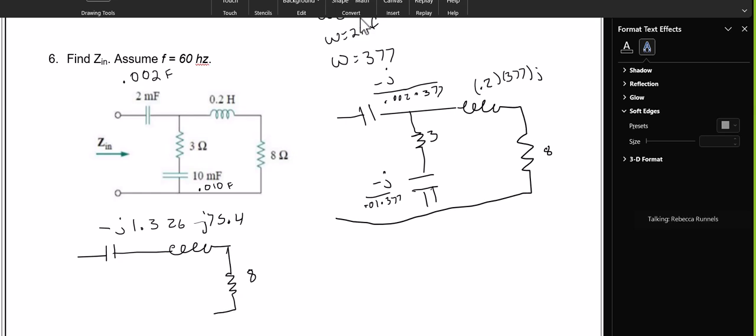This stays 8. This stays 3. And this becomes J 0.265.